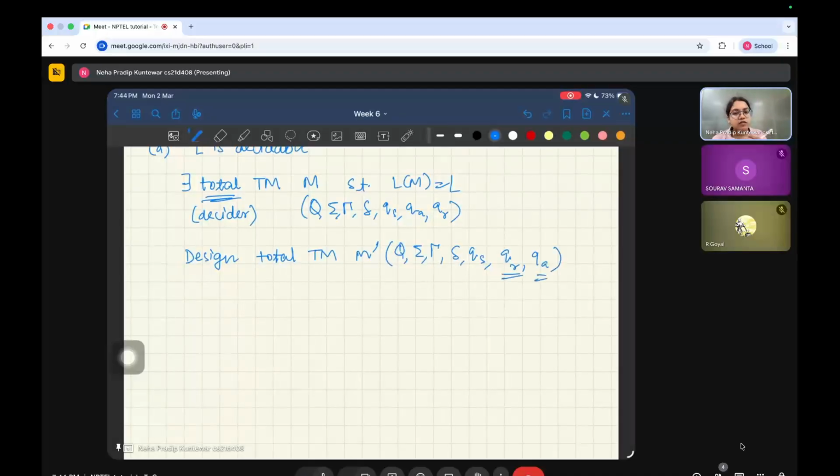It just flips the QR with QA. That's all.